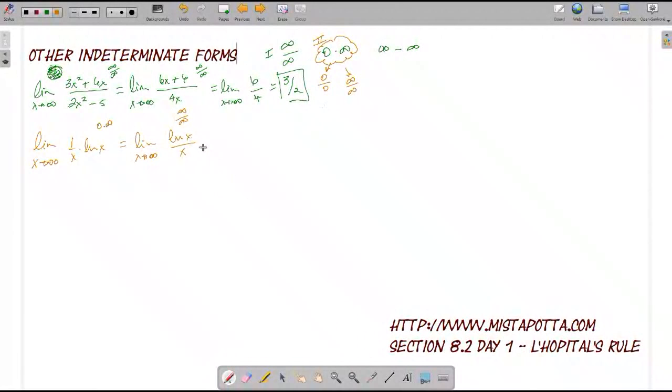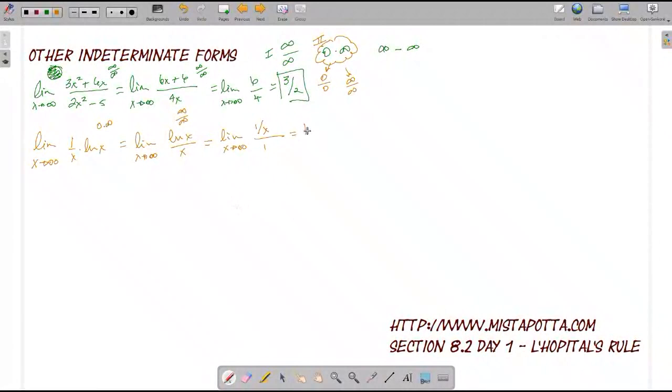So if I continue along this vein, because I have this indeterminate form, I can apply L'Hopital's rule. So I've got the limit as x approaches infinity of the derivative of my numerator divided by the derivative of my denominator.